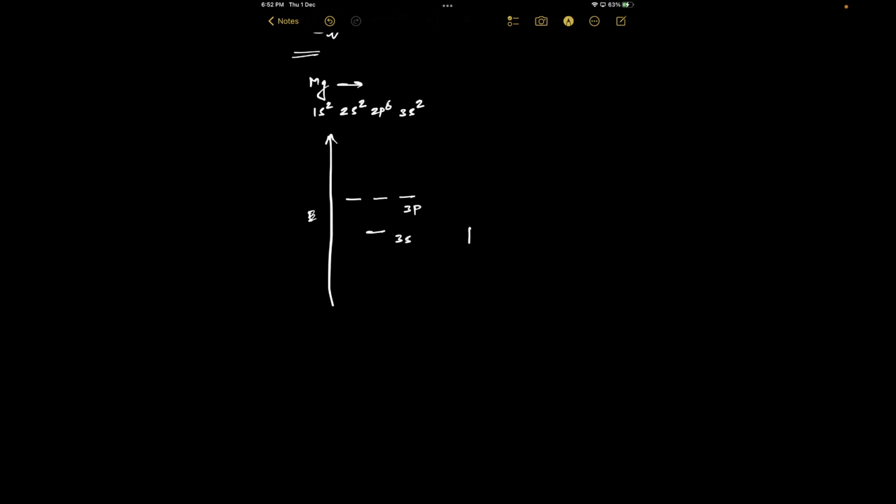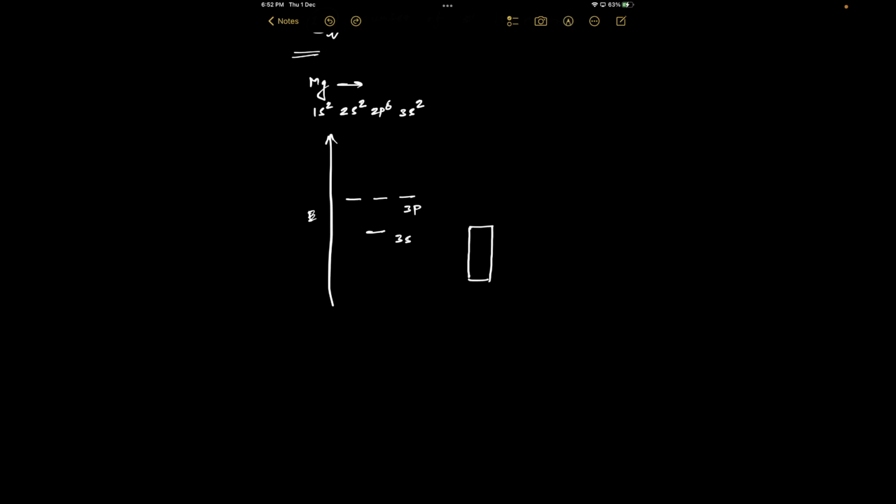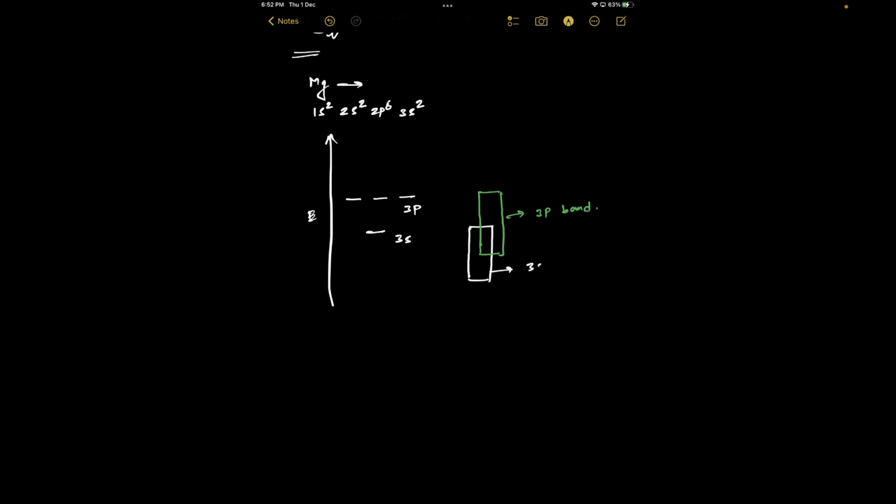So there will be a 3s band, and the 3p band will overlap with it. Let's define it with a different color. So this is the 3p band, and this is the 3s band.